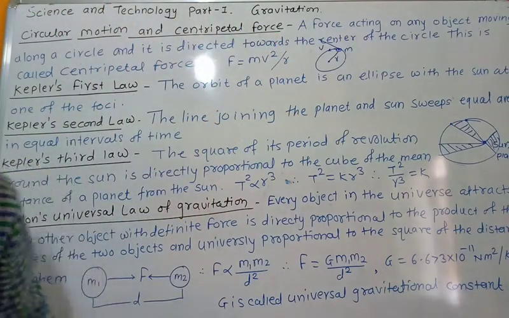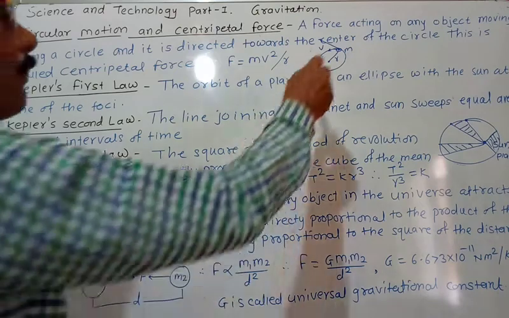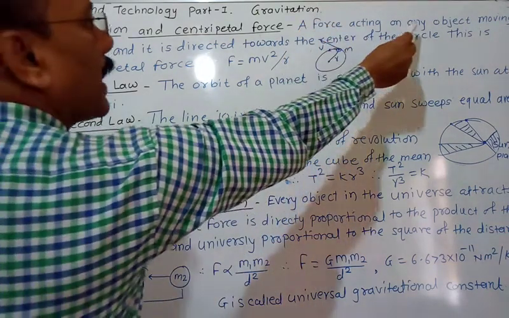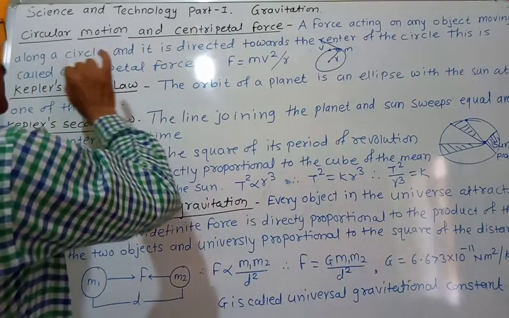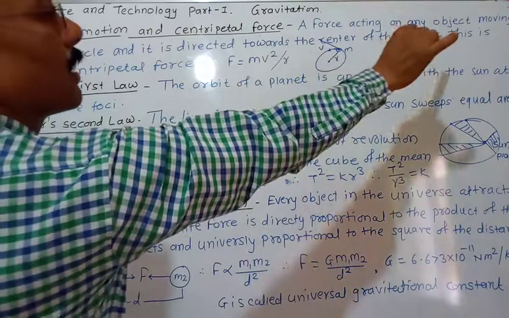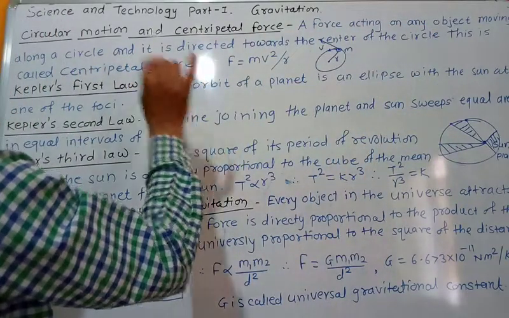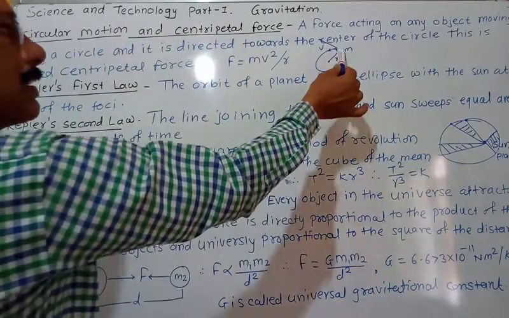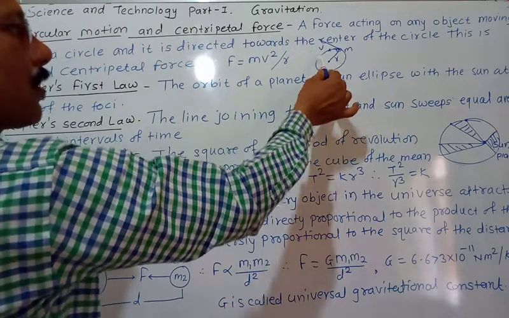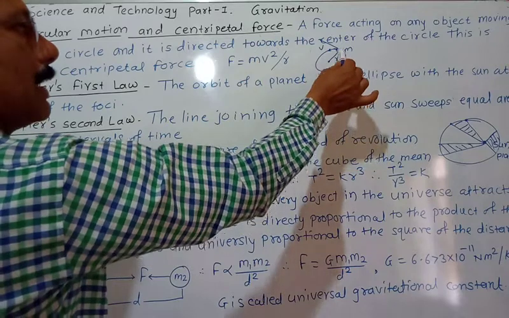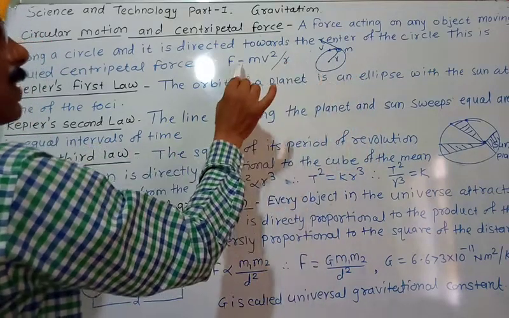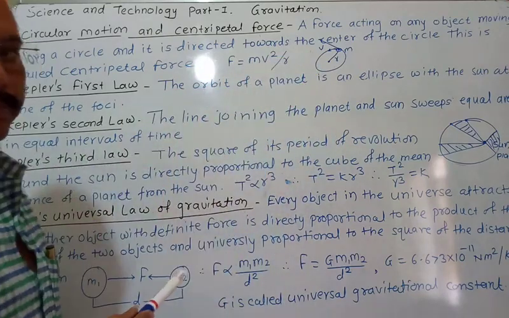It means it is a force acting on any object moving in a circle, and it is directed towards the center of the circle. This is called the centripetal force. With m the mass of the stone, v the velocity of the stone, and r the radius, the centripetal force is equal to mv square by r.